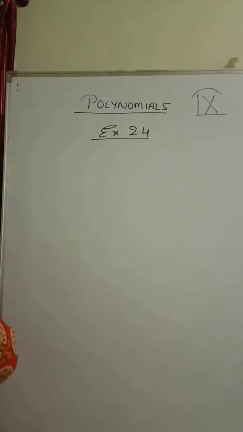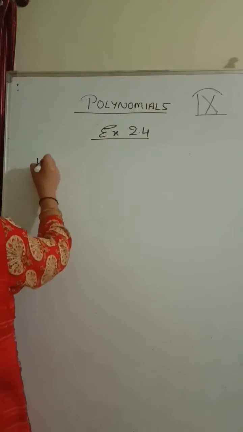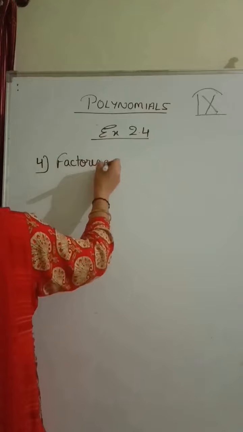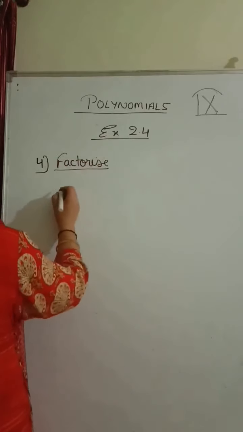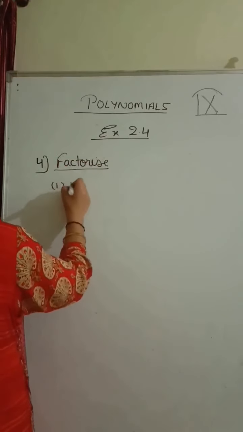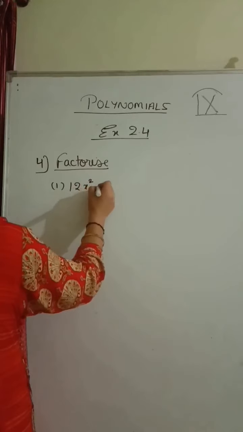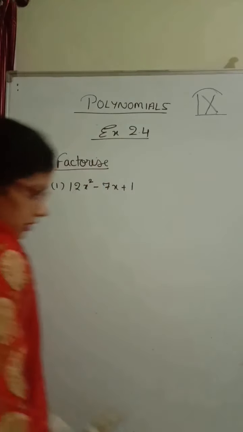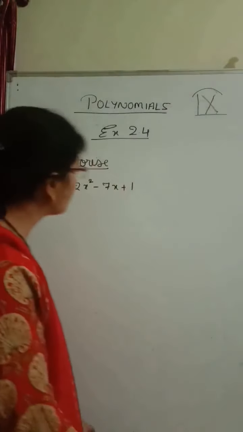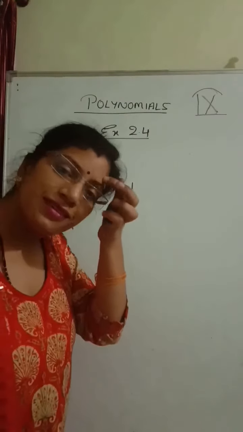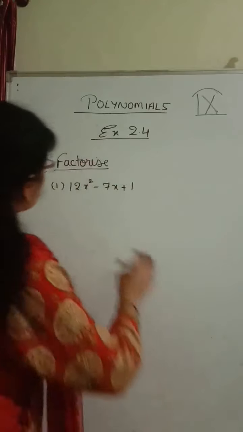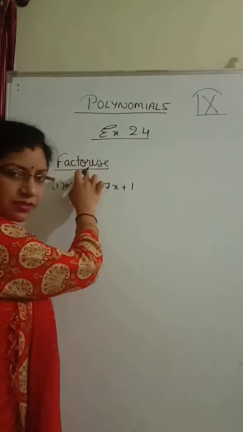Okay. So now the fourth question is factorize. Factorize means factor करना है. So first part is 12x square minus 7x plus 1. This is quadratic equation. How to factorize this? By splitting method.